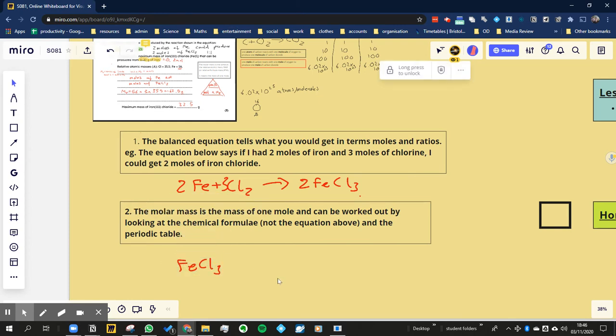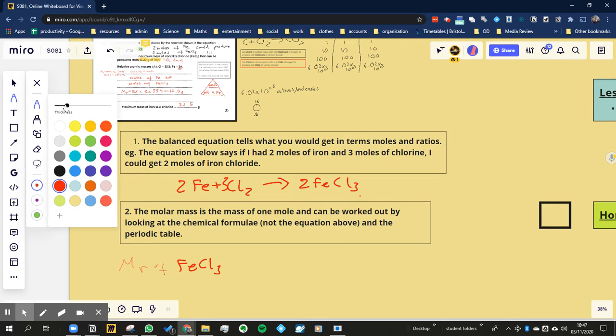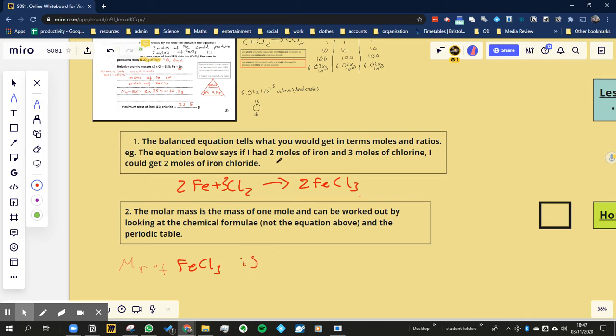In other words, the molar mass of FeCl3 is going to be, if you look at the iron on the periodic table, 56 plus 3 times 35.5.